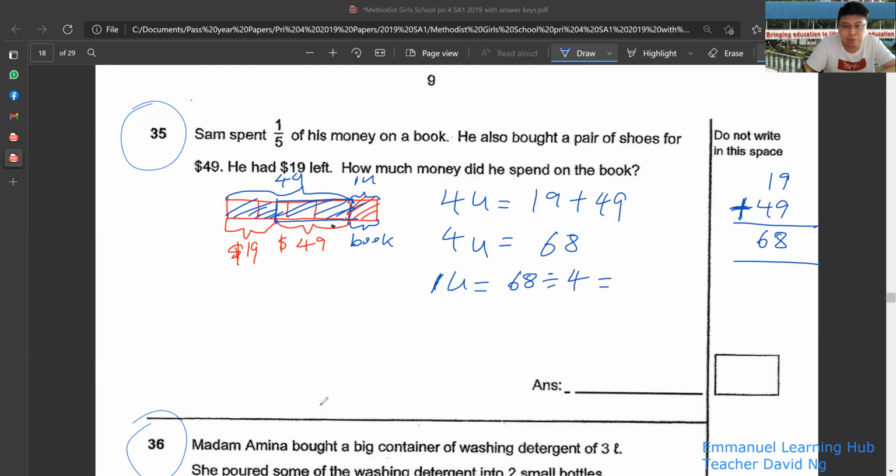Yes. What is 68 divided by 4? Is it 22? No, not 22.